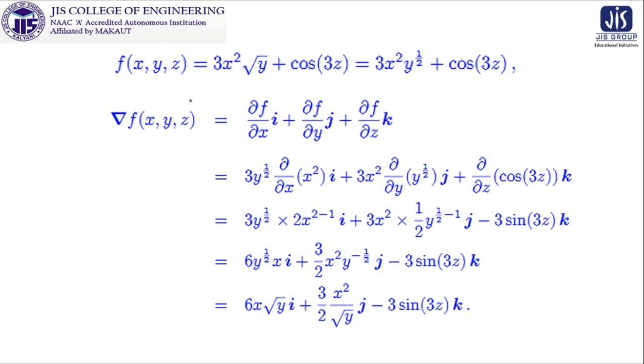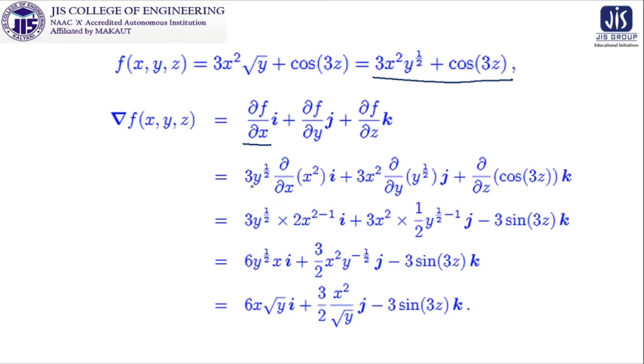Now our job is to check arbitrarily any one of them. Suppose I am checking del f del x. This whole expression is my f. If I differentiate this partially with respect to x first, then what we get is 3 into 2, 6x, and y to the power half will be treated as a constant.